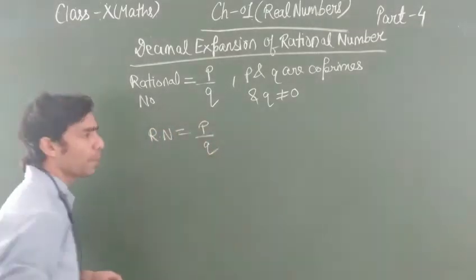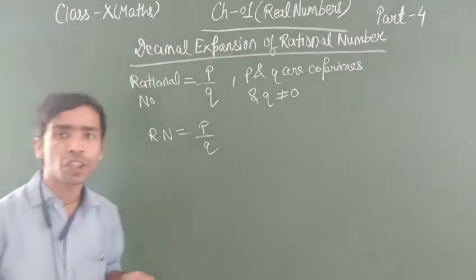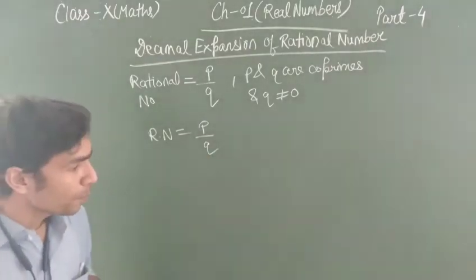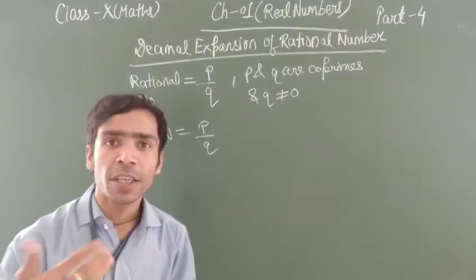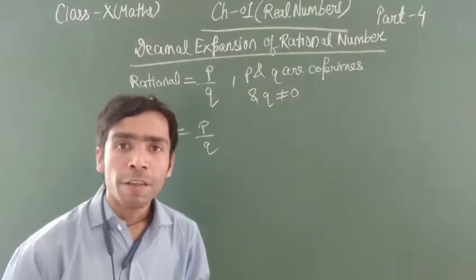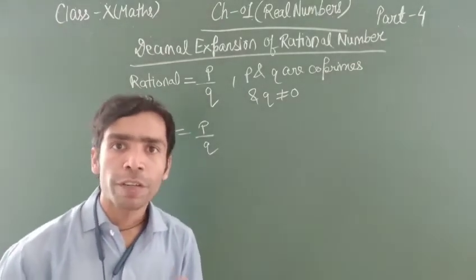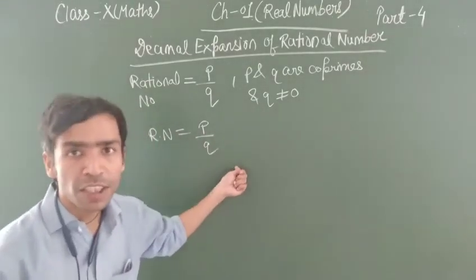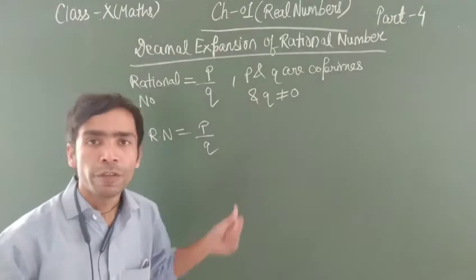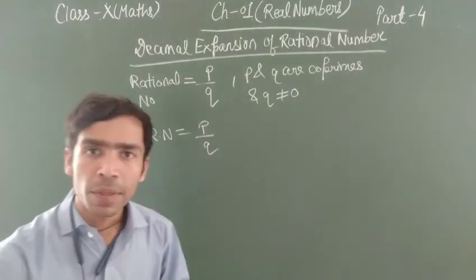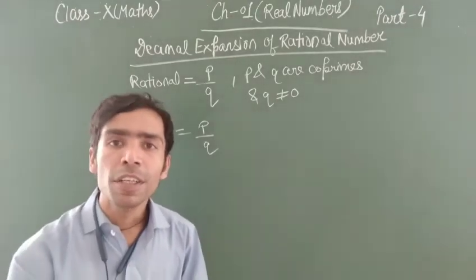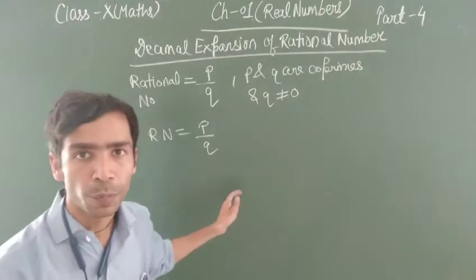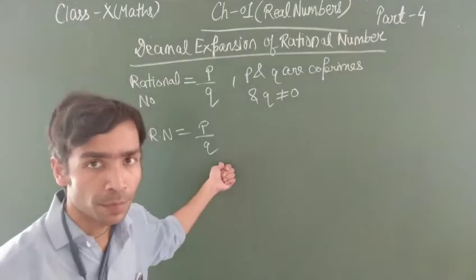For checking whether it is terminating or non-terminating, we do the prime factorization of the denominator, that is q, because q is the denominator here.